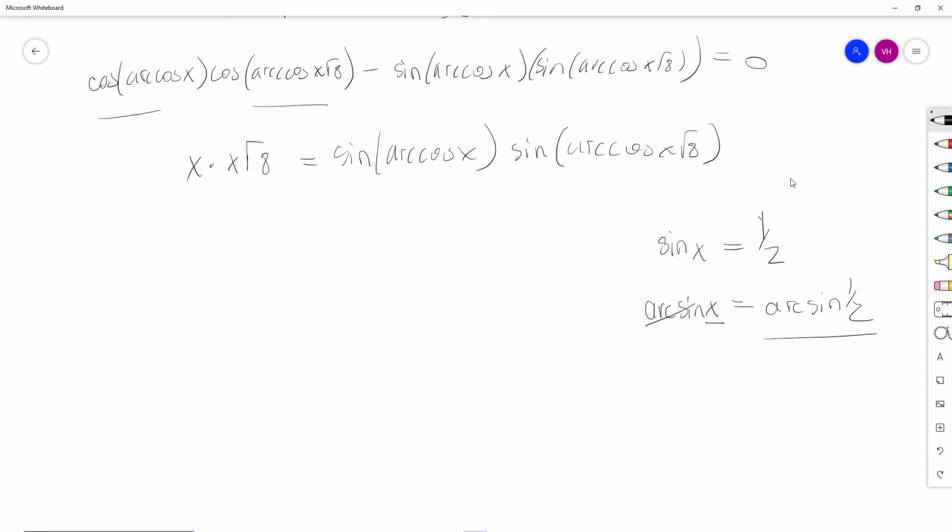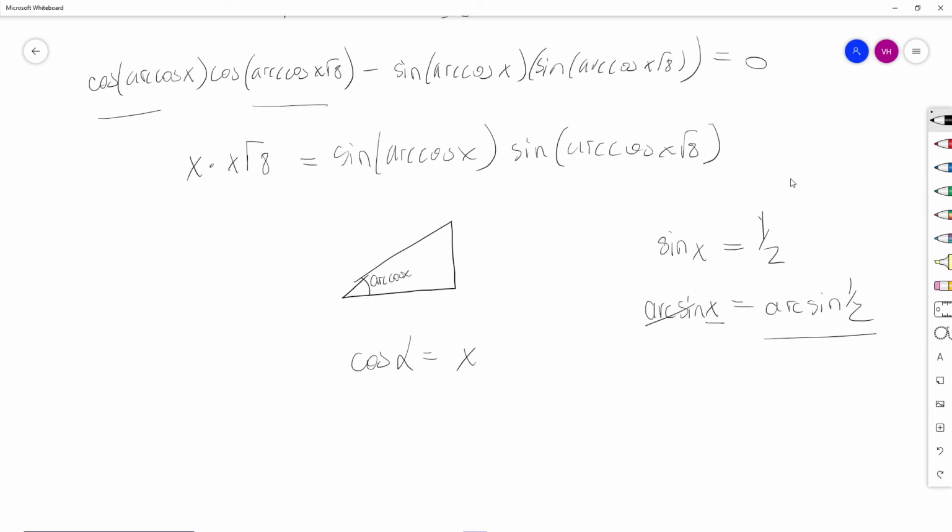So in this case, when we have arc cos of x, we can draw a triangle. In this triangle, this would be arc cos of x, right? And we're going to take a sine of it. Now, since we know that arc cos of x is the angle whose cosine gives us x, let's put alpha. So cosine of arc cos of x gives us x.